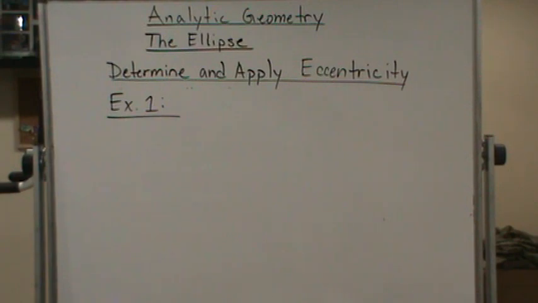Suppose that Mars is 2.0662 times 10 to the 8 kilometers from the sun at the perihelion. Use the eccentricity from table 7.1 to find the distance between Mars and the sun at the aphelion.